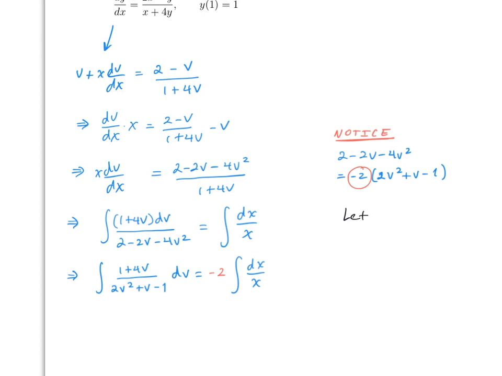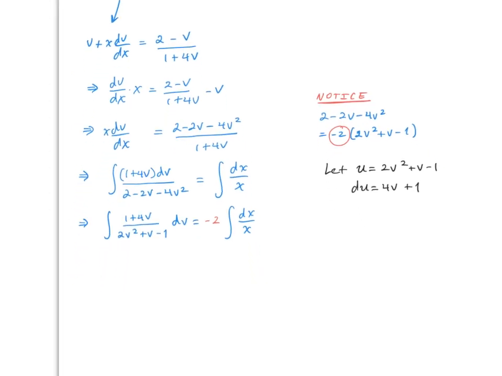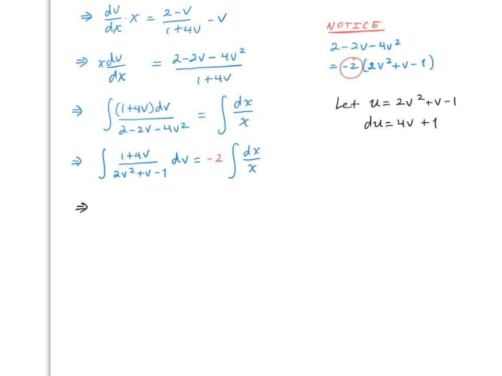So now if we let u be 2b² + b − 1, then du will be 4b + 1, which is exactly on the top. So therefore, from here, we will get du over u, and this will be equal to −2 dx over x.